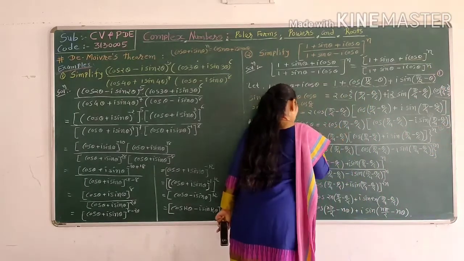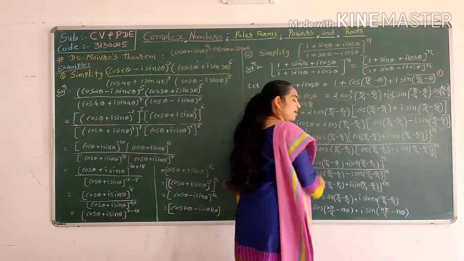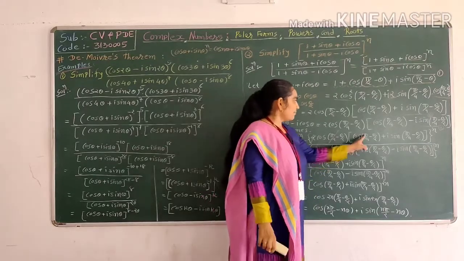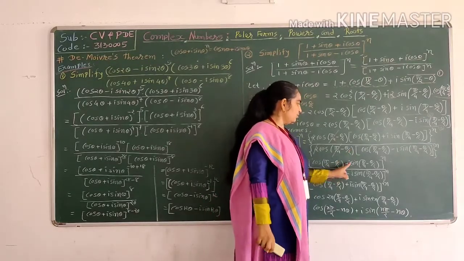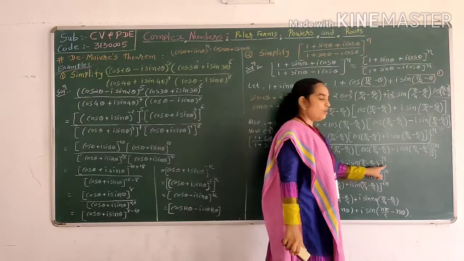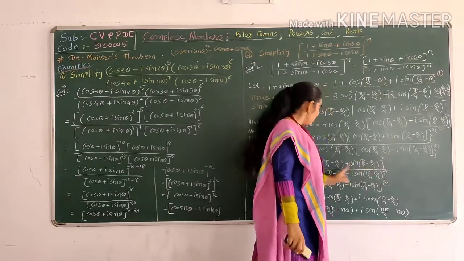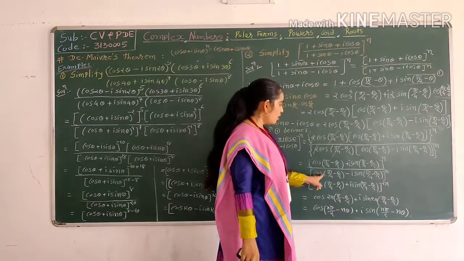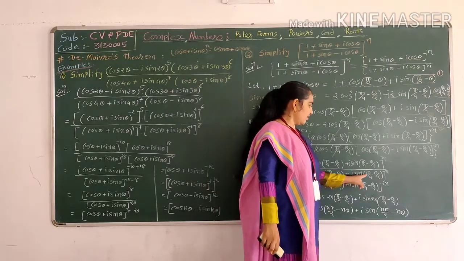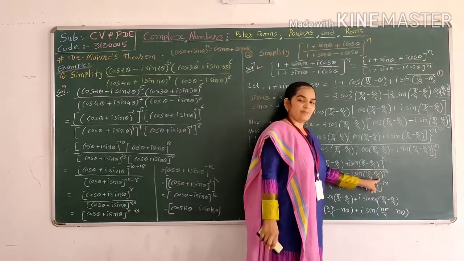Now 2 and cos(pi by 4 minus theta by 2) are cancelled. Therefore cos(pi by 4 minus theta by 2) plus i sin(pi by 4 minus theta by 2) whole raised to n, divided by cos(pi by 4 minus theta by 2) minus i sin(pi by 4 minus theta by 2) whole raised to n.